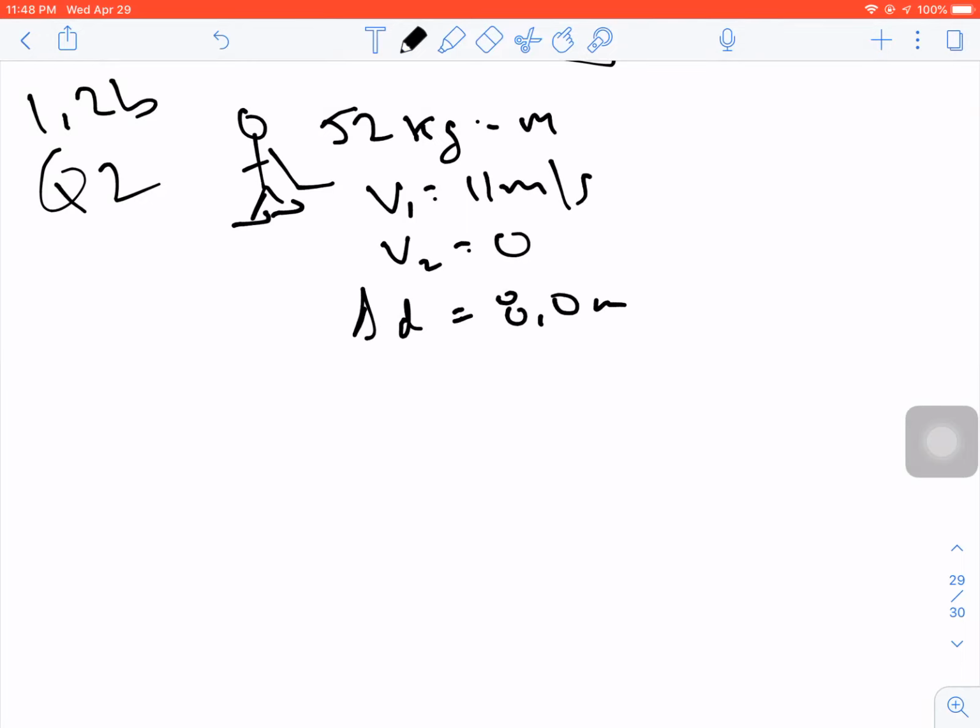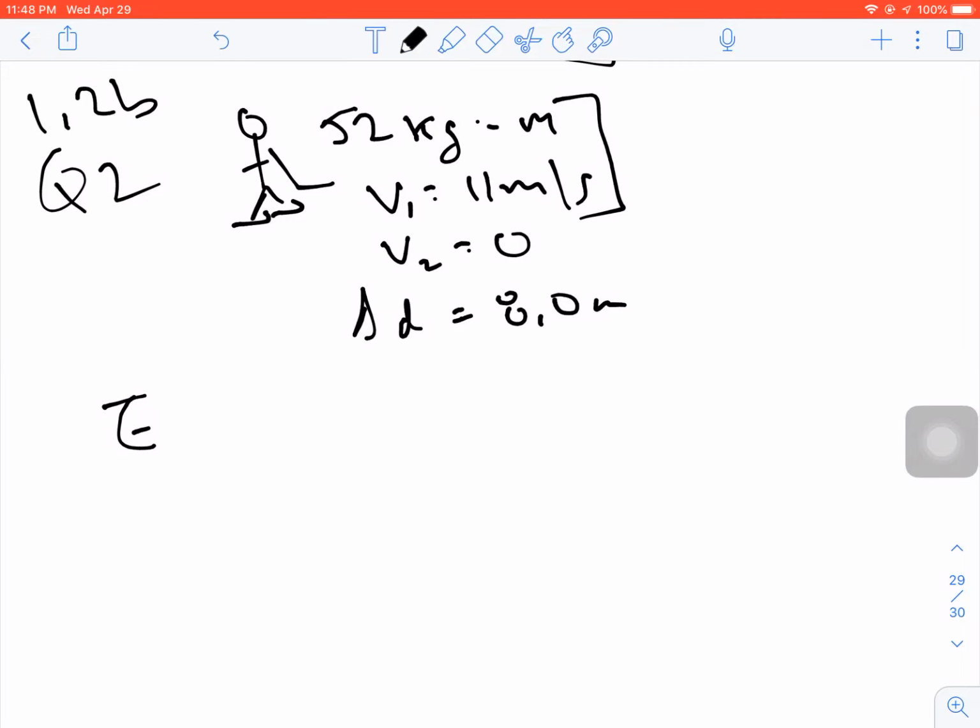Now, how am I going to look at this? I see mass and velocity. If I look at this hockey player when they first start out, before he or she puts on the brakes, they have kinetic energy.